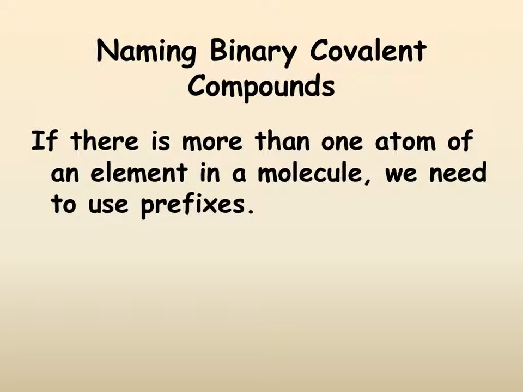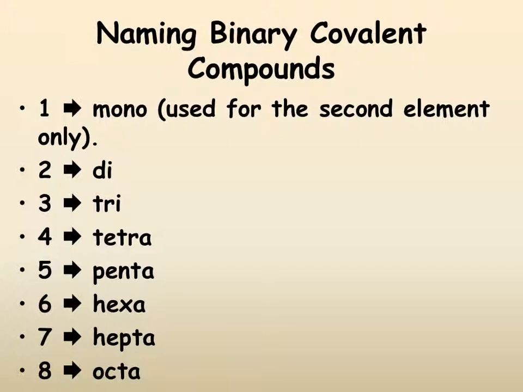The big new thing in covalent bonding is that if there's more than one atom of an element, we have to use prefixes. Prefixes that are used standardly in chemistry: we use mono to represent 1, and you only have to write mono for the second element. There's only one of the first element, like with hydrogen monofluoride, which would just be HF.